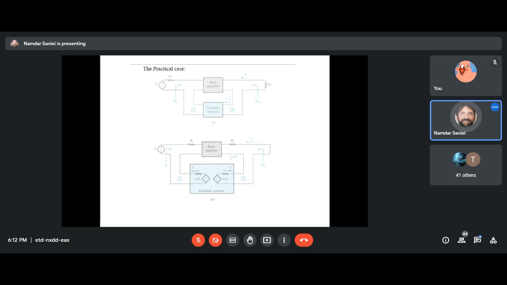Now, in practice, we would definitely have an RS, which goes in series with the source, an RL, and inside the feedback network, we would have impedances or resistances that we need to get rid of. And here we are using Z parameters as a two-port network to model the feedback network, because on both sides of the input and output, we have series combination, right?